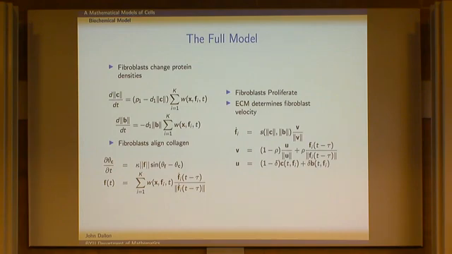So for instance, if you have a very random matrix and this tau were very small, then the cells will sort of re-randomize the matrix, and you don't change the orientation much.